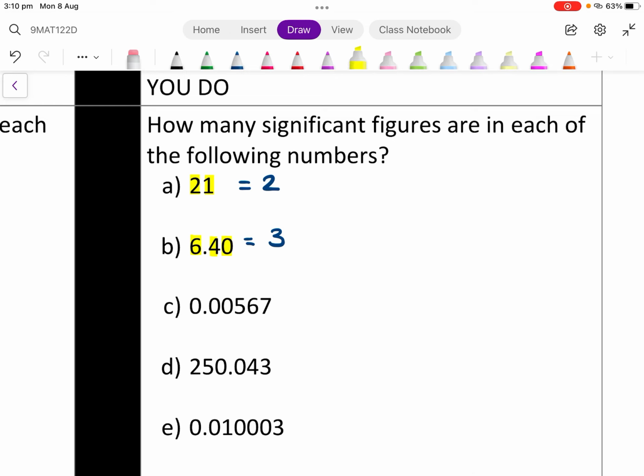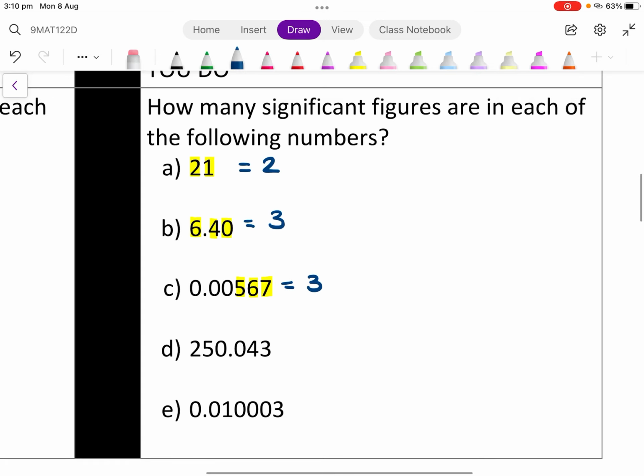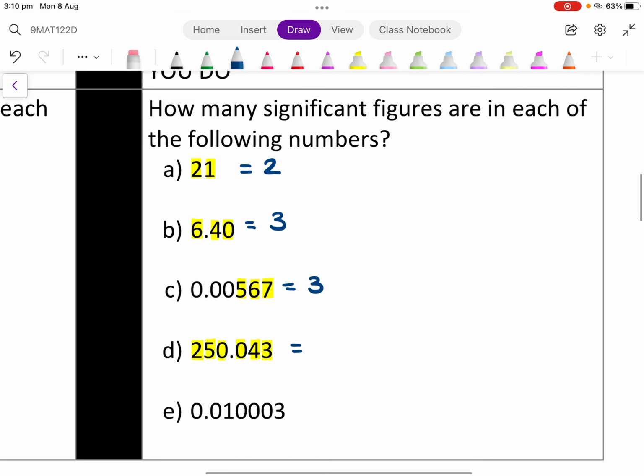In 0.00567, the 5, 6 and 7 are all non-zero digits and are all significant, so there are 3 significant figures. In D, 250.043, our 2, our 5, our 4 and 3 are all non-zero digits, and these zeros are in between our non-zero digits, so they are all significant, so the answer is 6 there.